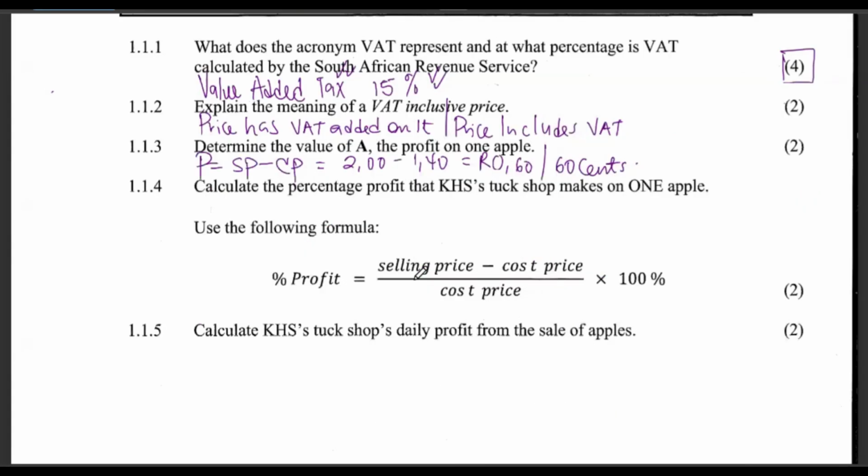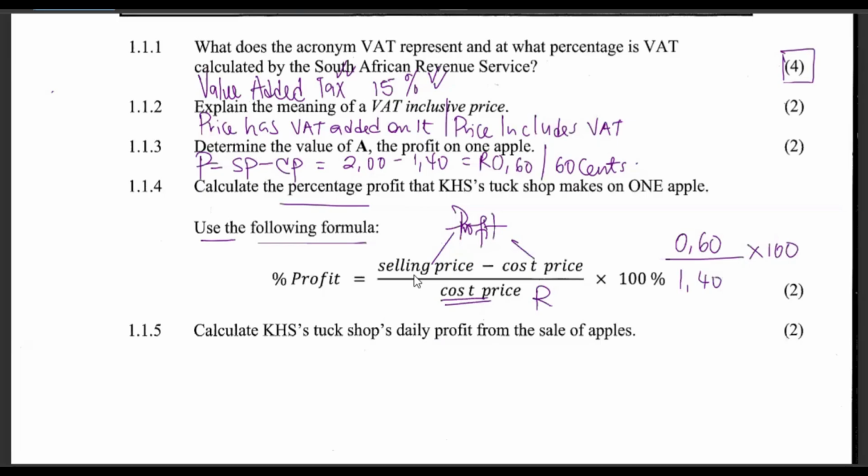Calculate the percentage profit at KHS tuck shop, for only 1 apple. We are looking for a percentage, and they have told us to use the formula right here. But this is already the profit, so what do you do? Substitute. You get 0.6, and I'm using this one because I'm dividing by the cost price, which is already in rands. The cost price, they told us, was that much.